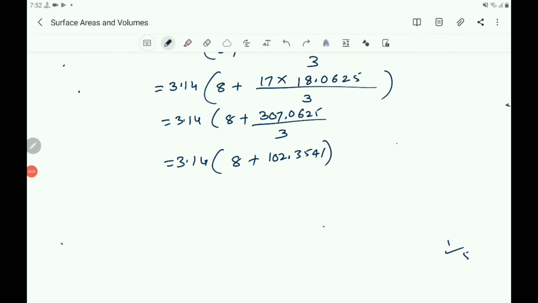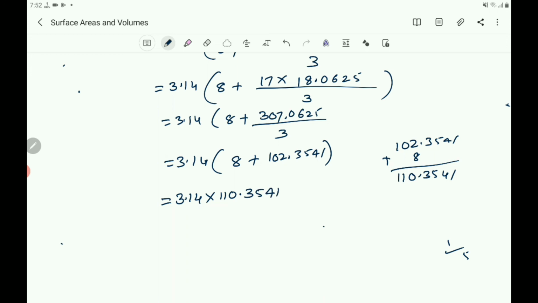What is that? 102.3541 plus 8 becomes 110.3541. So you write that equals 3.14 into 110.3541. Next you multiply it by 3.14.